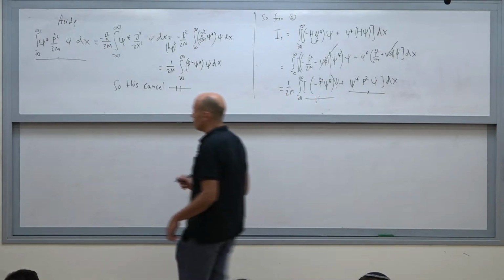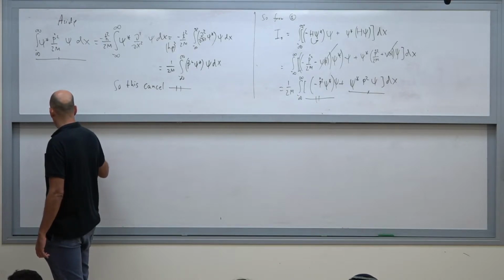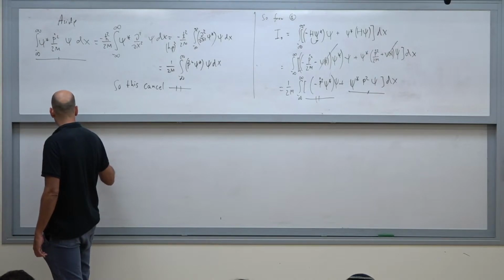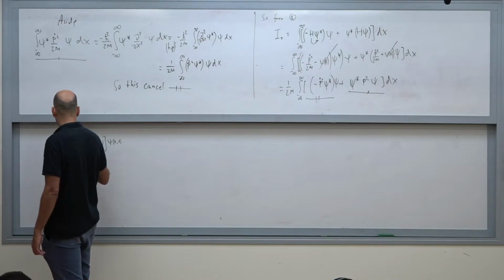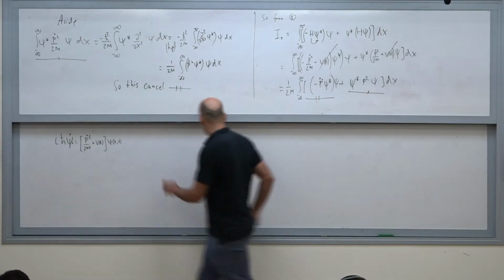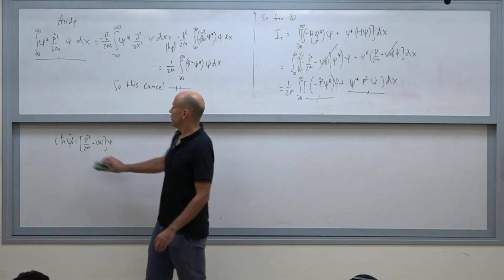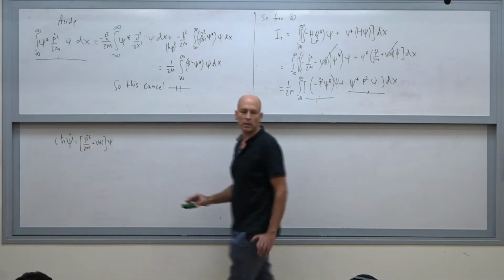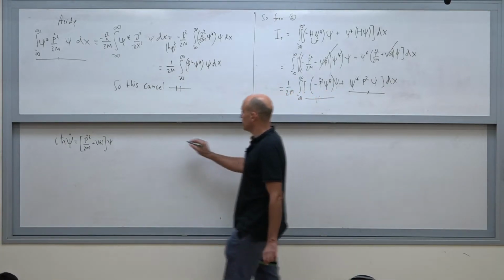Because if you just look at the Schrodinger equation, it will be very difficult for you to imagine that it has anything to do with classical mechanics. So the question is, what about classical mechanics?